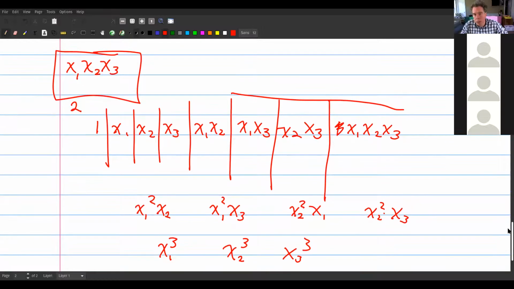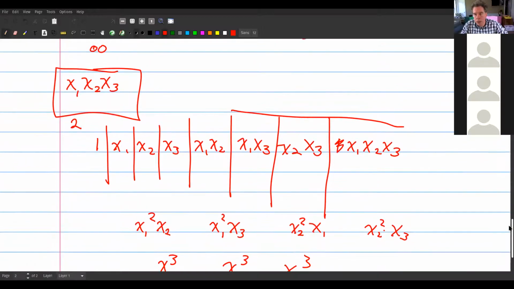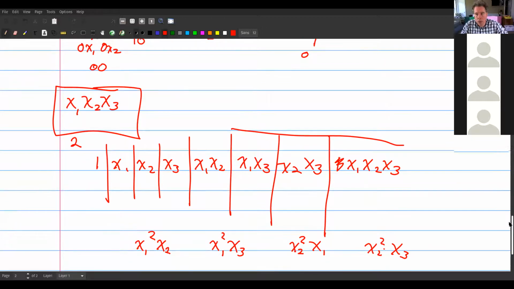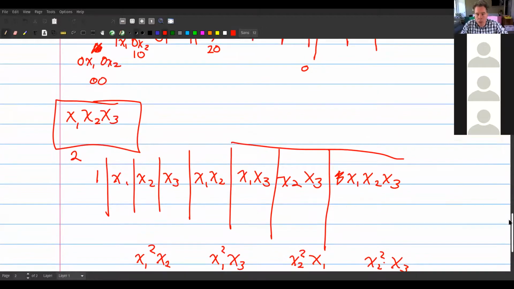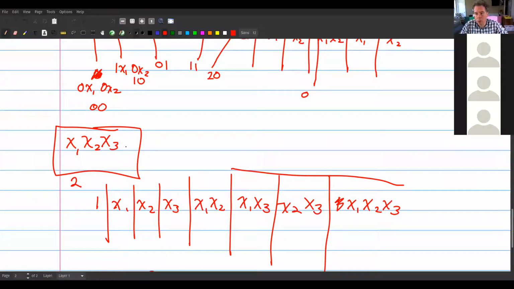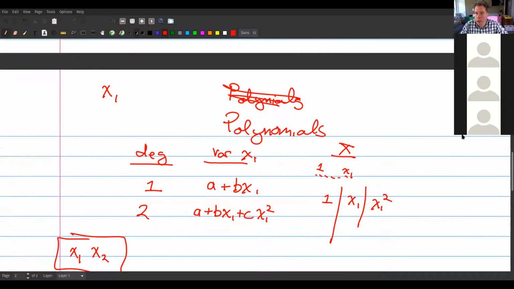The number of columns increases really fast, and that's why, even though your professor is too dumb to be able to exactly quantify how many columns there will be as a function of the number of original columns and the degree of the polynomial, it's big. Okay, so I think that makes the point about that.